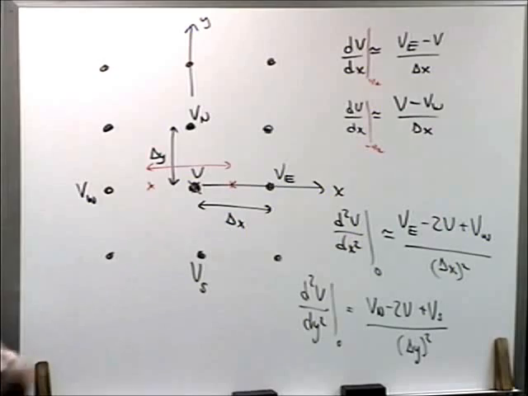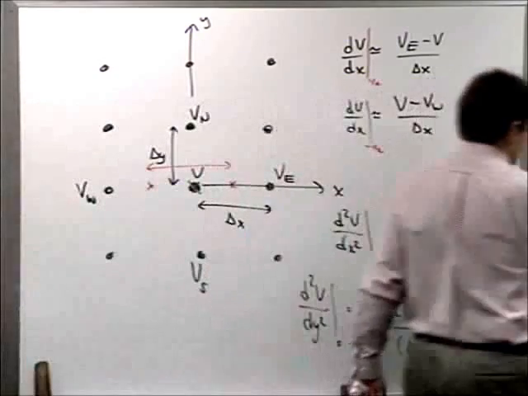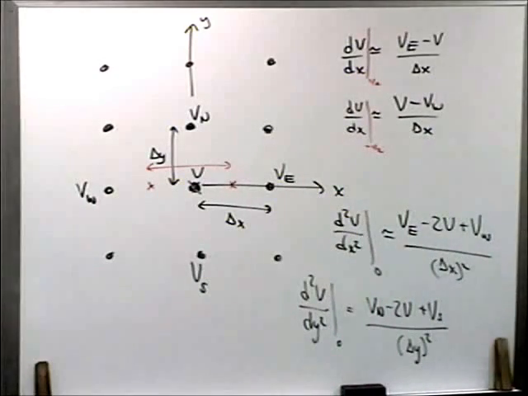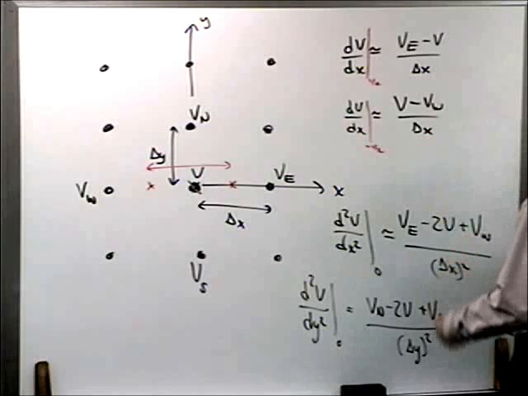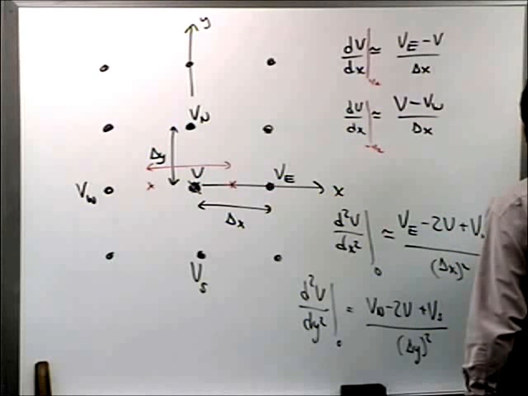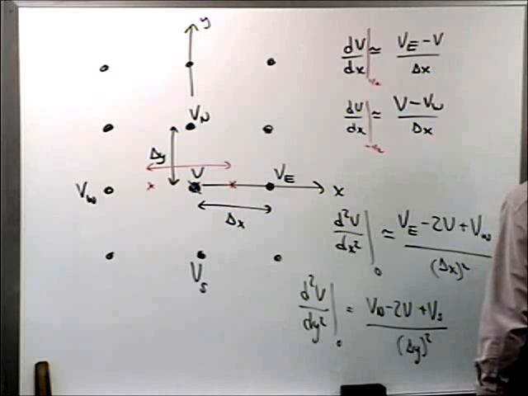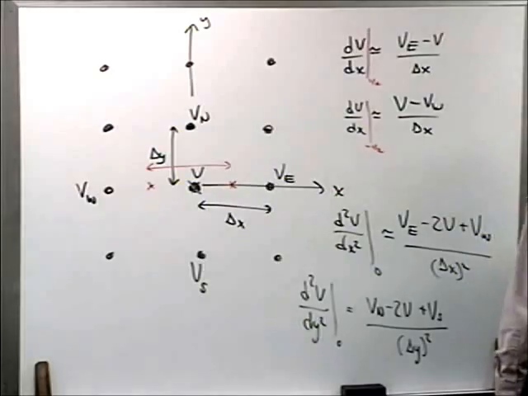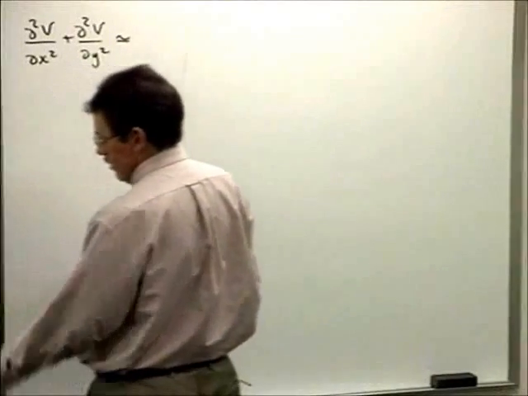So instead of solving the continuous problem now, we basically define a grid of points like this, and our Laplacian d squared v dx squared plus d squared v dy squared becomes approximately the sum of these two things.